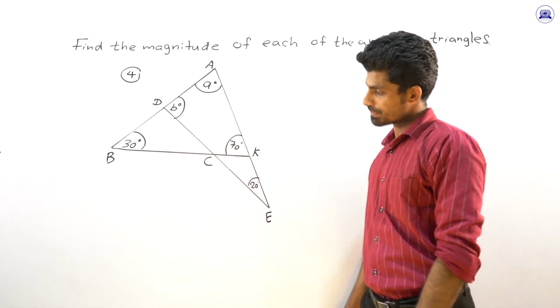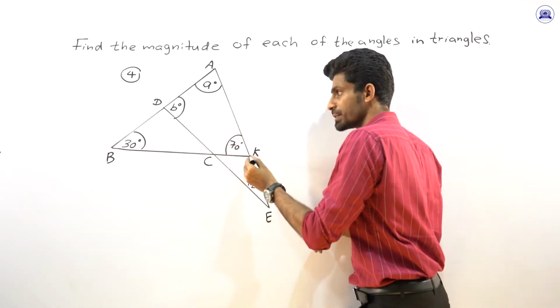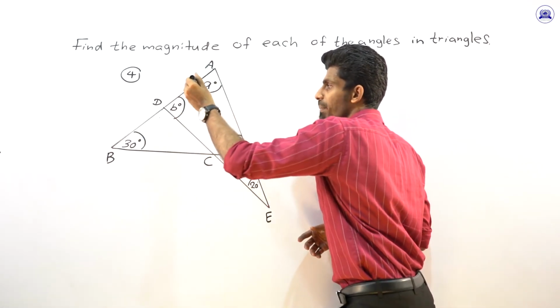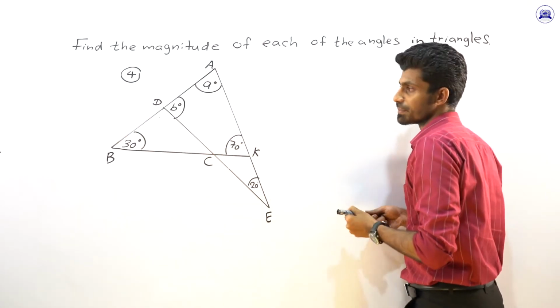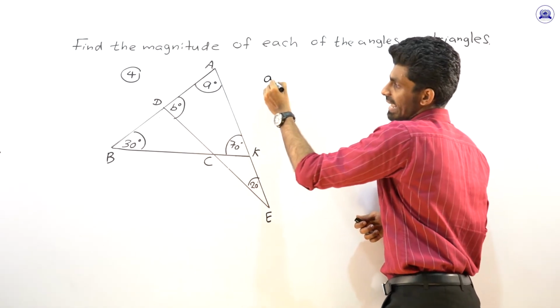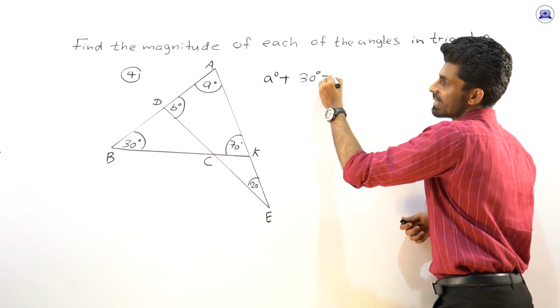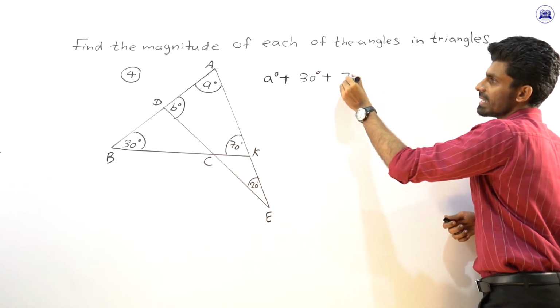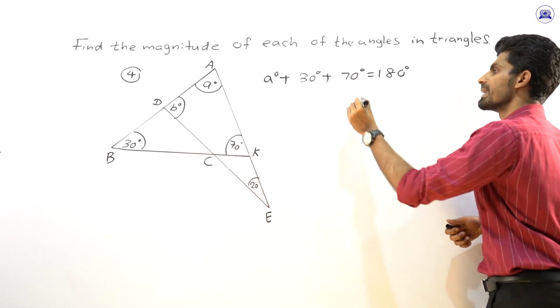Look at this one. Just consider the ABK triangle, A plus B plus K. That means A plus 30 plus 70 equals 180.